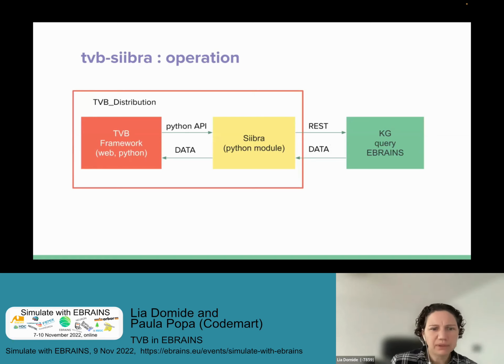Technically, what's happening is that we have the TVB framework, this Python module, that's communicating through a Python API with Zebra. And this one is communicating further with the EBRAINS knowledge graph through its query language and taking back some data, which is later on presented to the TVB framework.